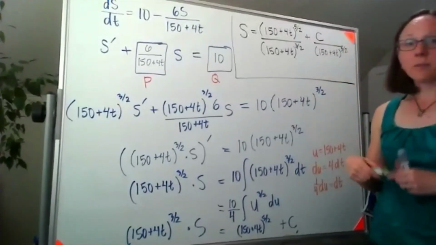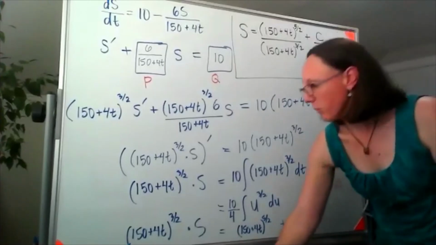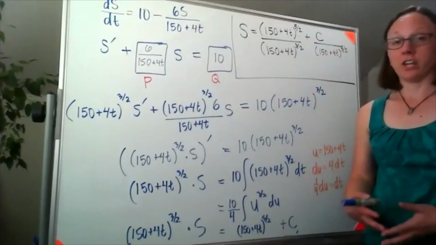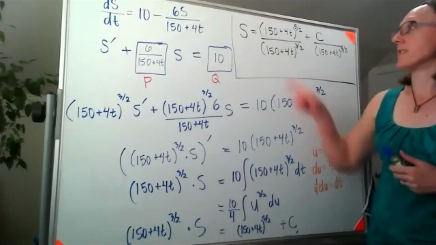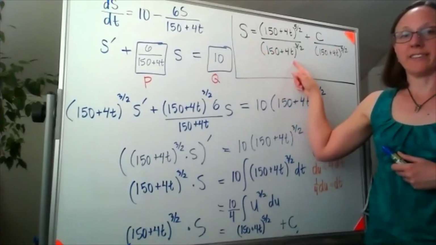And we could simplify that if we wanted to. I would say the only last step that we probably should do is to take into account our initial condition. And that initial condition was that S was 40 when T was equal to 0.